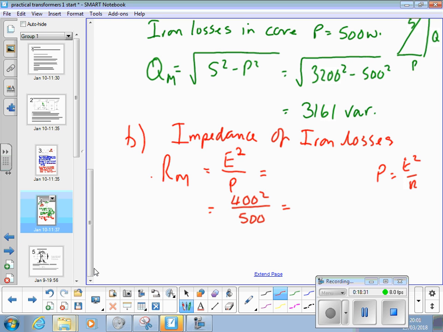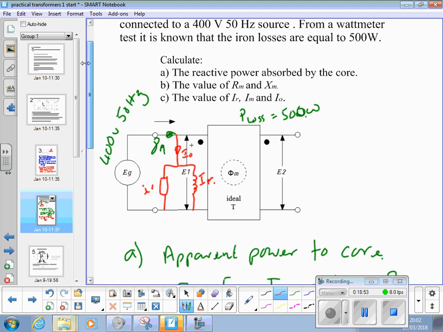What? That's wrong. P is E squared over R, isn't it? Yeah, but that voltage, Christian, they're in parallel, remember.